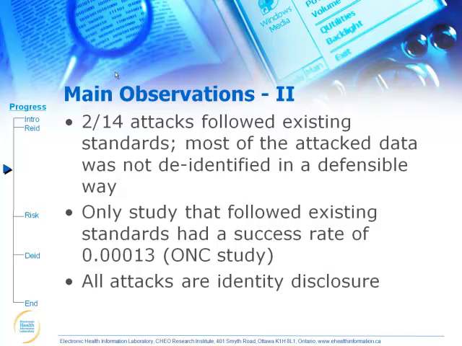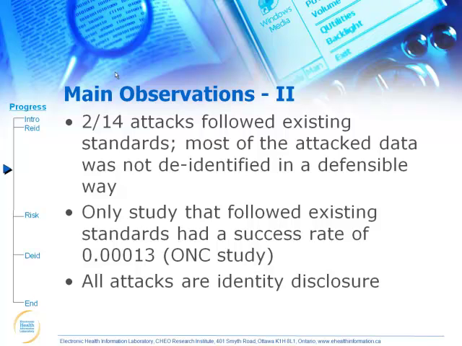In the healthcare one, only one of them was related to a health data set. This study was sponsored by the Office for the National Coordinator for Health IT in the US, and the success rate was 0.013%, which is a very small success rate. They were able to re-identify 2 out of 15,000 records, which is actually not surprising, because re-identification risk is probabilistic.